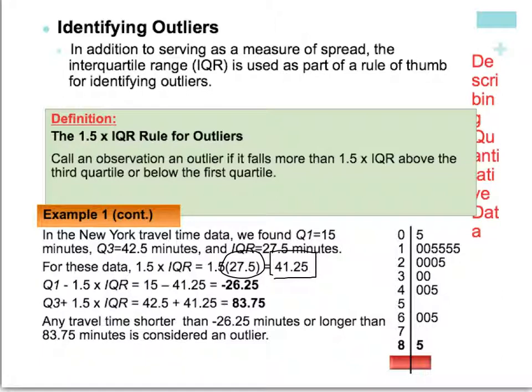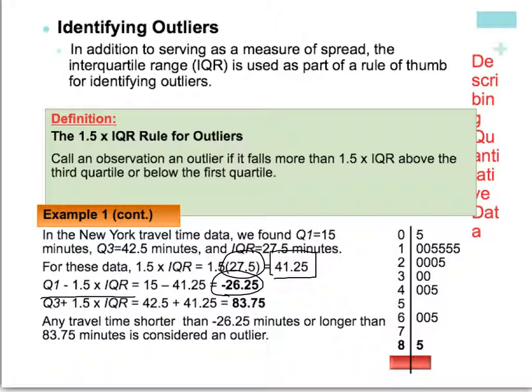So what I do then is I take this 41.25, and notice I subtracted it from Q1. I'm trying to find how far below Q1 is that lower boundary. And I got negative 26.25. Do you see any commuters who take less than negative 26.25 minutes to get to work?